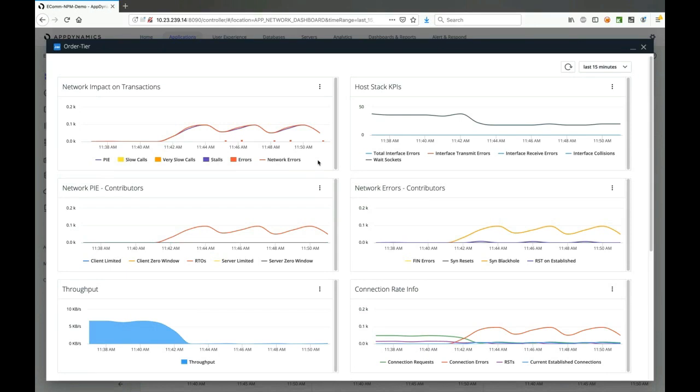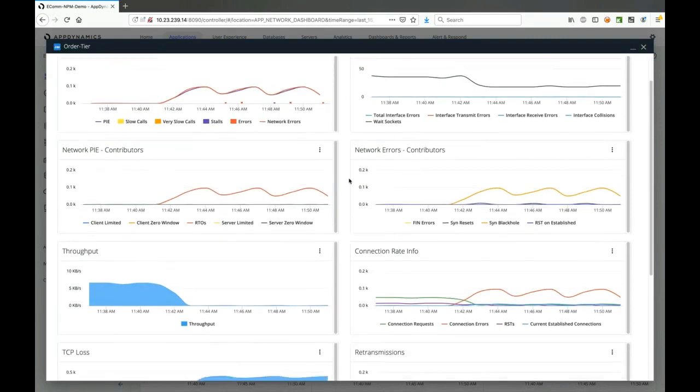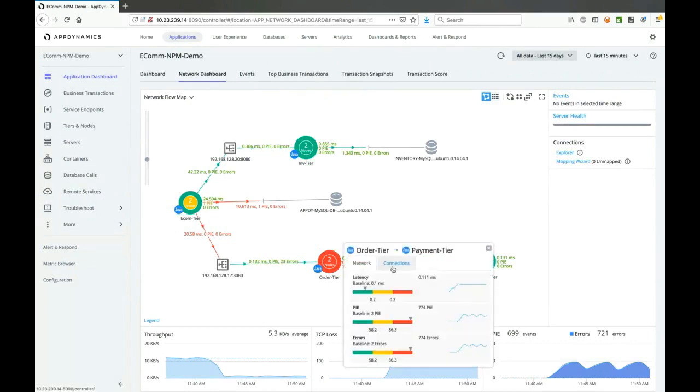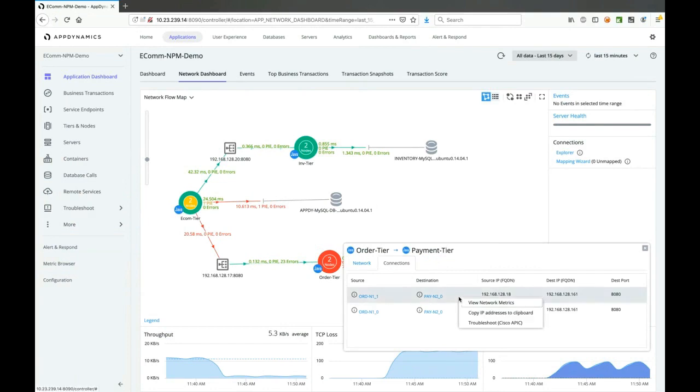To look further into the other metrics of these network errors, I see thin black holes coming in here, which is basically packets being dropped somewhere between those services. To debug that, let's cross-launch into the ACI. I see this link is red, so there seems to be something wrong. Let's cross-launch into the ACI and see what's going on there.